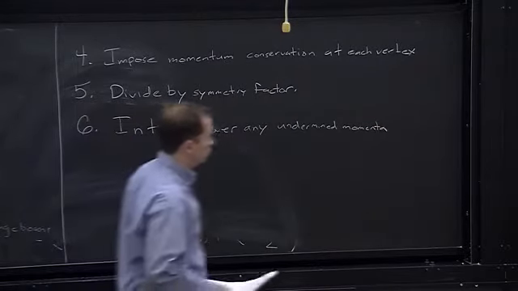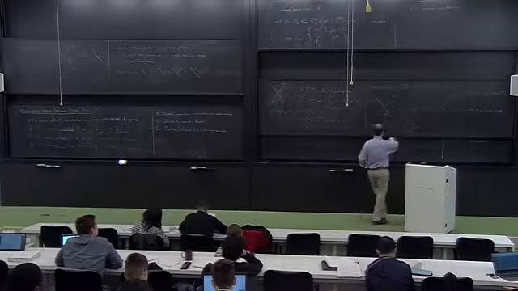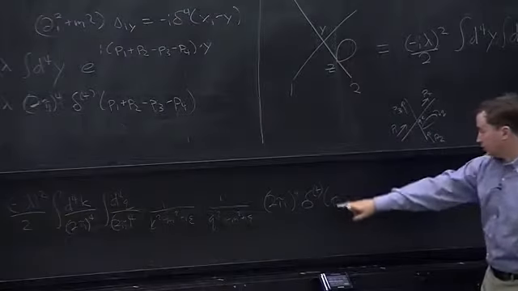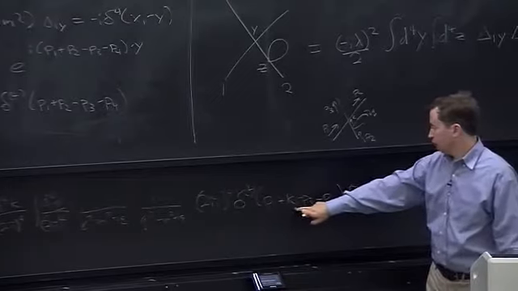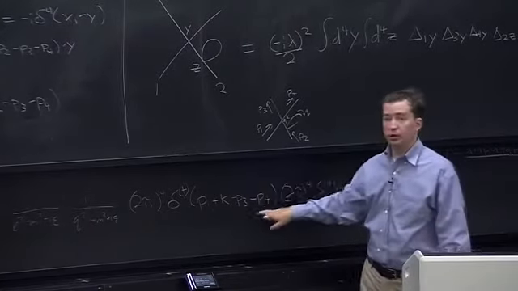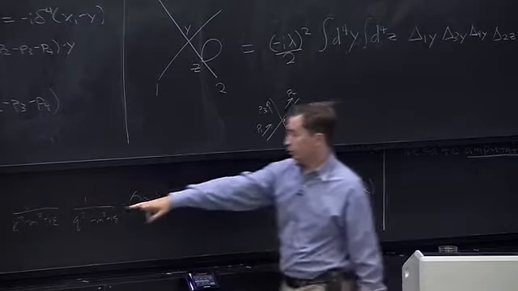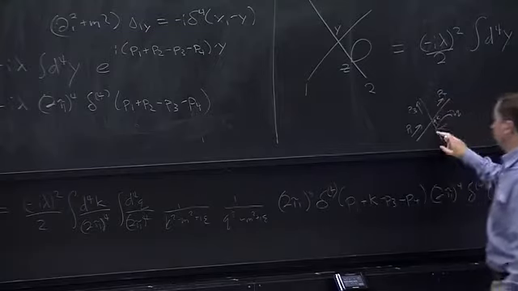So here, in this example, we could do the K integral using the other delta function, this one. And that would just set K equal to P3 plus P4 minus P1. We'd be left over with one integral we couldn't do using a delta function. And that's because we have one loop.